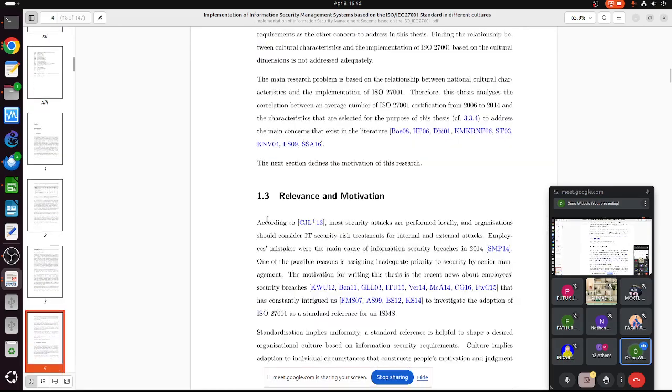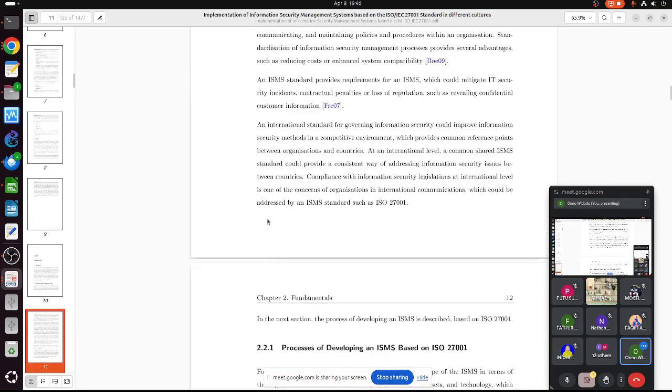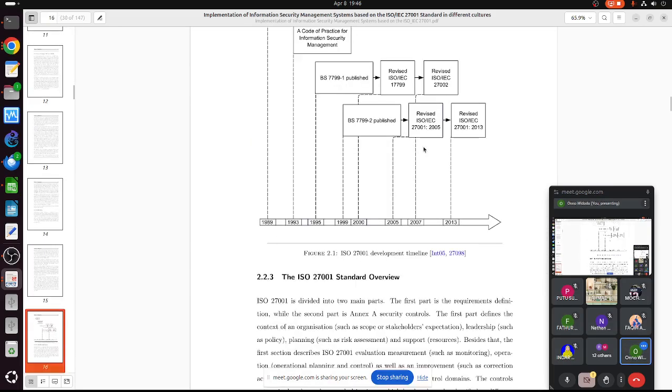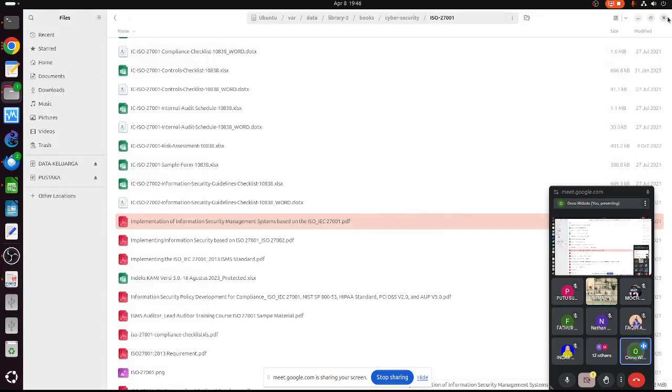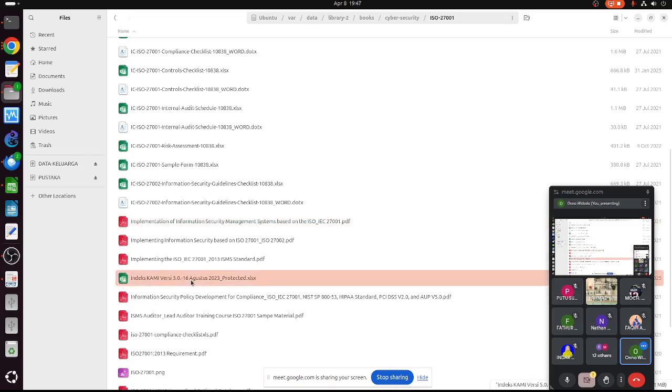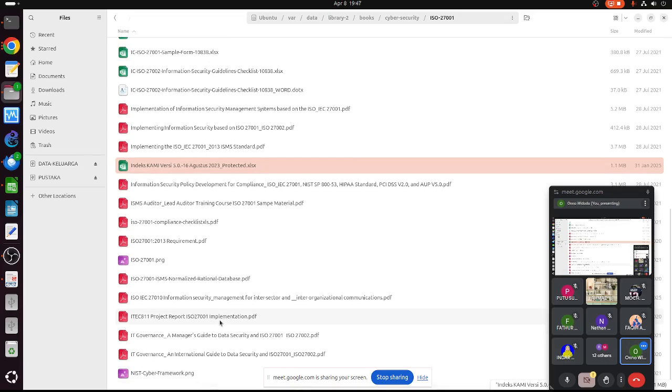Okay, so it's good. You can read this and then, basically, a lot of books, a lot of Excel files. The Excel files are very helpful because I have Index KAMI as well here. Okay, I put it here as well.